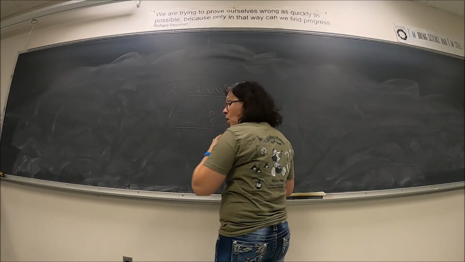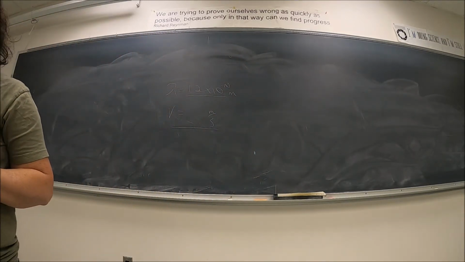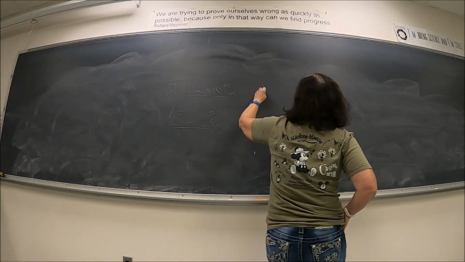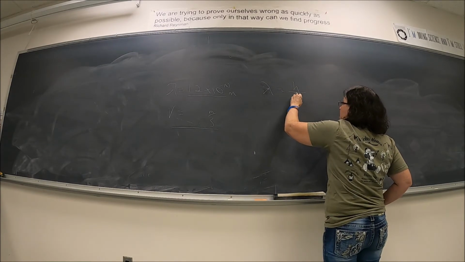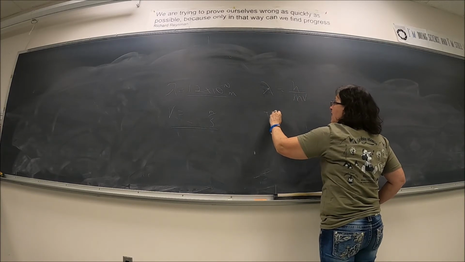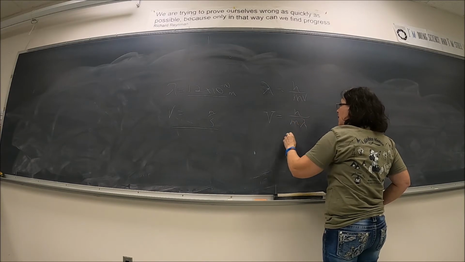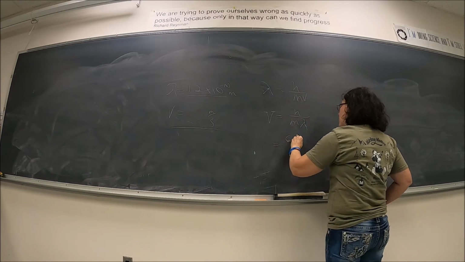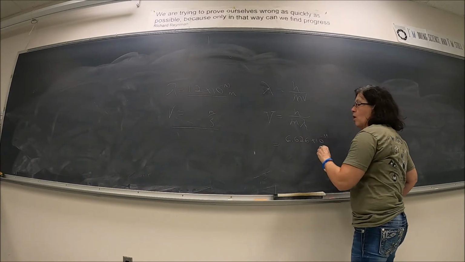Okay, so we're going to use the de Broglie equation, and in the de Broglie equation we have lambda equal h over mv. So if I rearrange this, v is going to equal h over m lambda. So we got 6.626 times 10 to the minus 34.